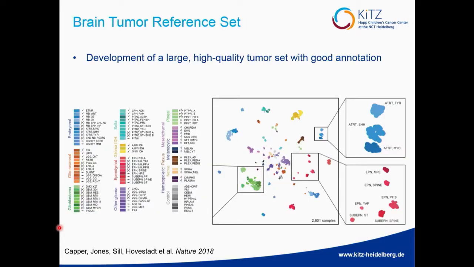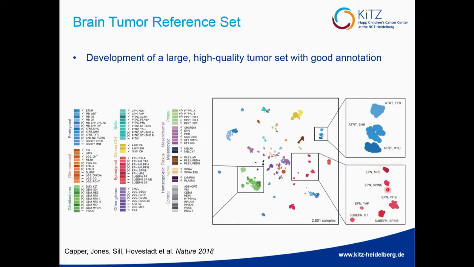So we set out and generated a very large data set, which consists of about 3,000 individual brain tumor samples, and tried to really span all of the diversity of brain tumors. And this is, at this stage, when we published it, it was spanning about 80 different entities. Now we are approaching 100 molecularly different entities that can be readily distinguished only on the basis of the DNA methylation profile.